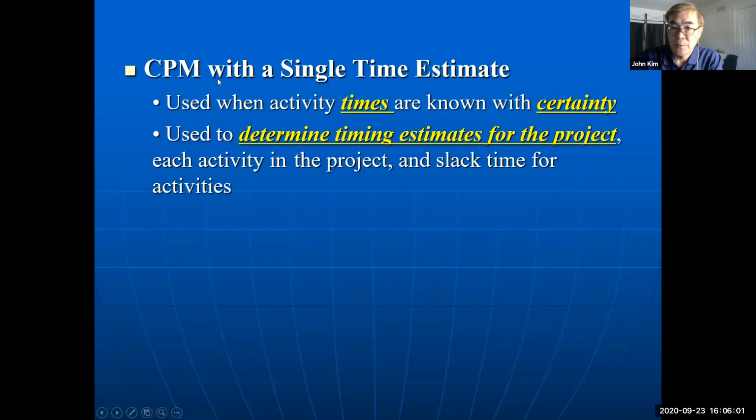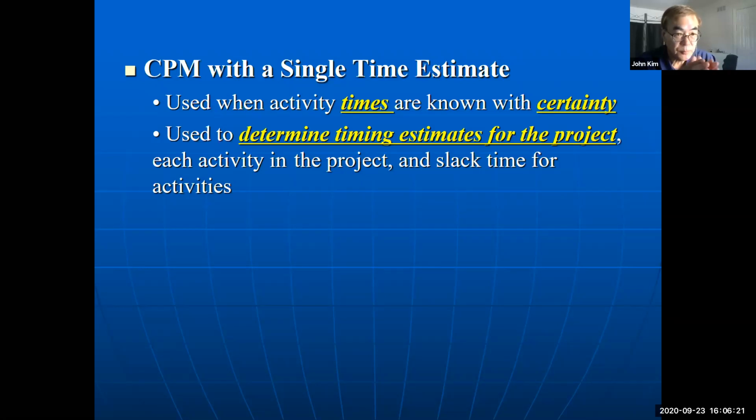Critical path method, a single time estimate: many activities or work or jobs, if we know time, activity time, certain time.